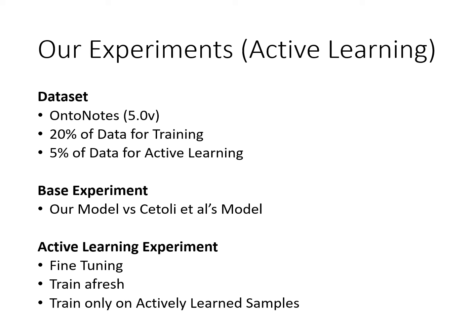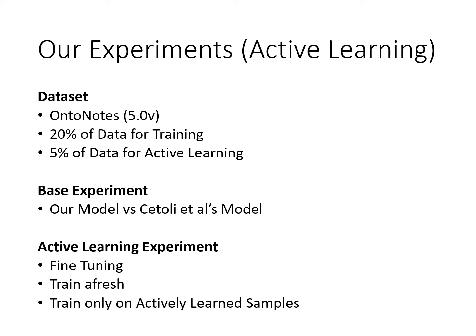First, once we learn the actively learned samples, we add them back to the training data and fine-tune the network. The second is we use these actively learned samples and train the entire network afresh, from scratch. The last experiment is based on training only on the actively learned samples from a moderately well-trained model which gave us these learned samples.